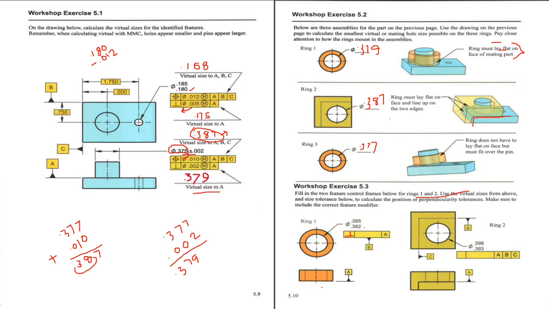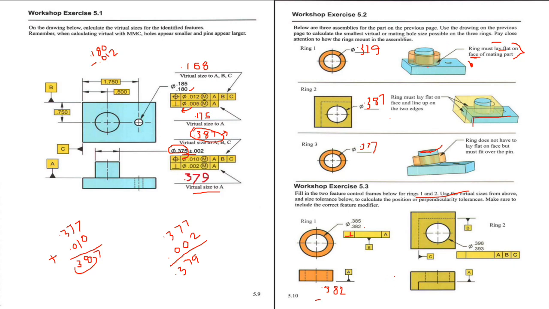It's 0.382 here. Then we will subtract the MMC of the pin, and here MMC of the pin is in this case when we added this perpendicularity tolerance to find out the MMC of the pin.